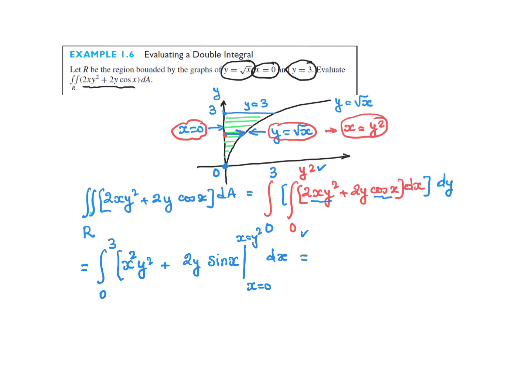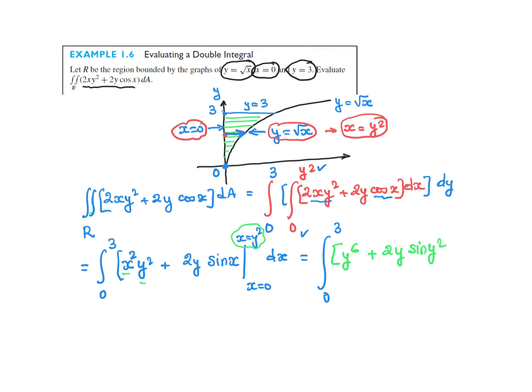Yeah, so now I substitute. We have an x squared here, and by substituting, it becomes y to the power of 4 multiplied by y squared, so the final answer here is y to the power of 6 plus 2y sine y squared.